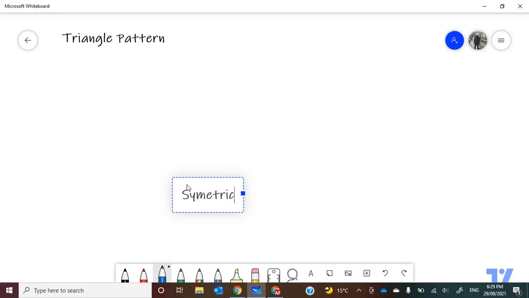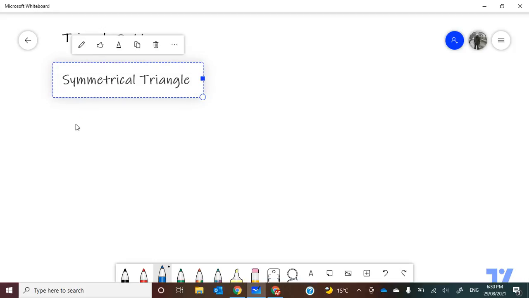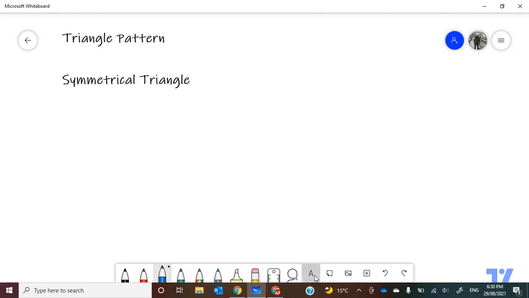Symmetrical is better to call it, and I think symmetrical is a double M. Symmetrical triangle. Then we have the ascending triangle.